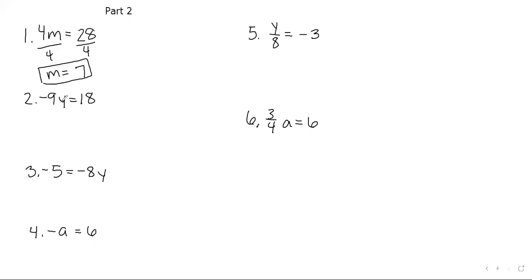The negative 9 is being multiplied by the y, so we're going to divide both sides by negative 9. That's going to leave us with y. And 18 divided by negative 9 is going to be negative 2. Again, y'all got this, okay?